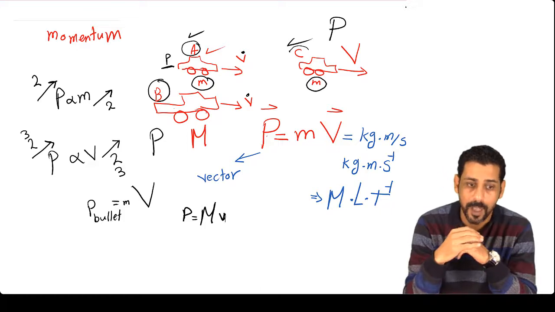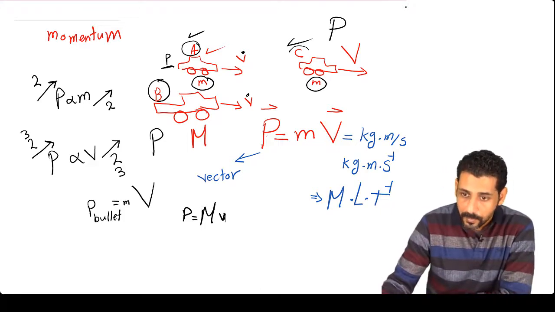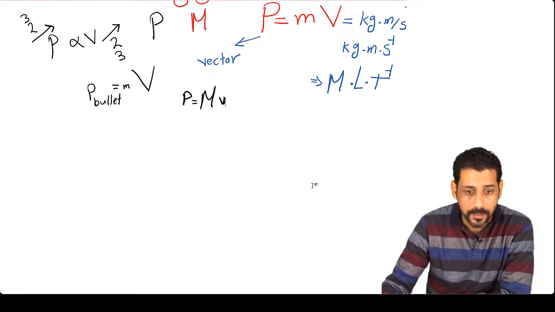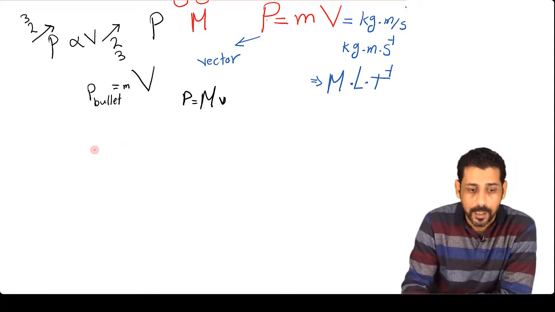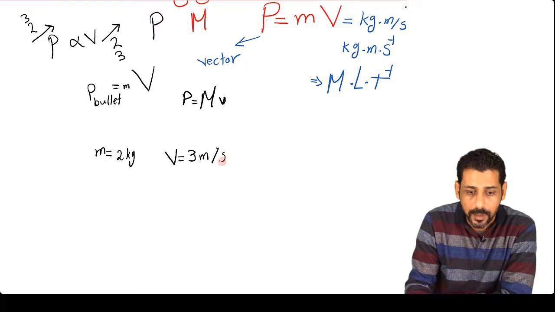So this is the first one, about the momentum. Of course, in this case, examples may come up. The mass is given. For example, there is a toy car with a mass of 2 kilograms, moving at a velocity of 3 meters per second, and then he asks about the momentum.